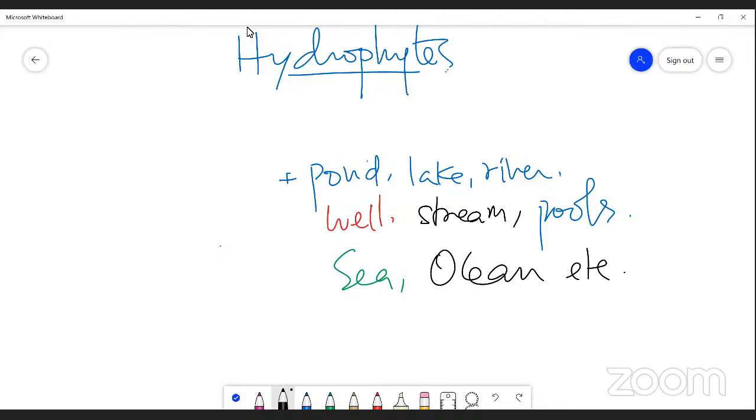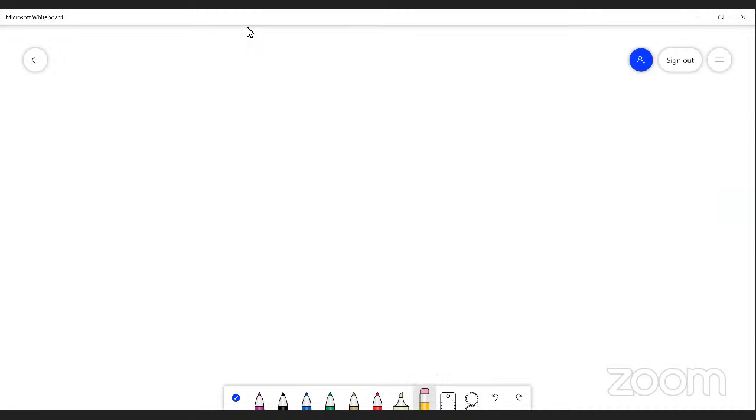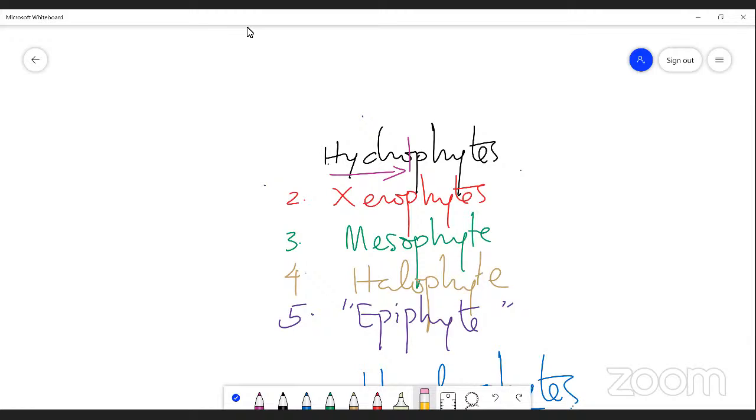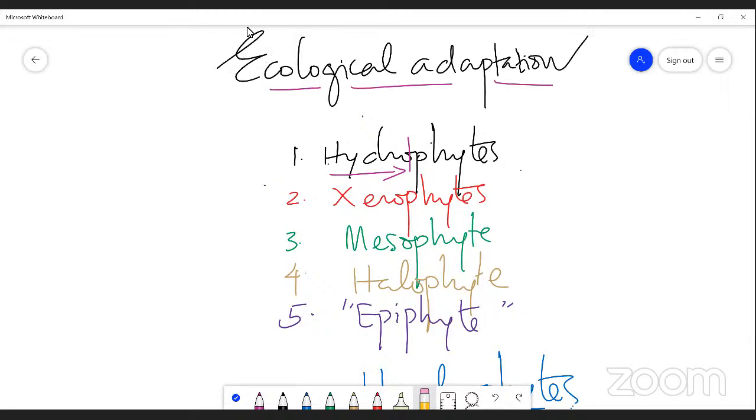That is called a hydrophyte. Very good. So hydrophytes are broadly divided into the following types based on the habitation.